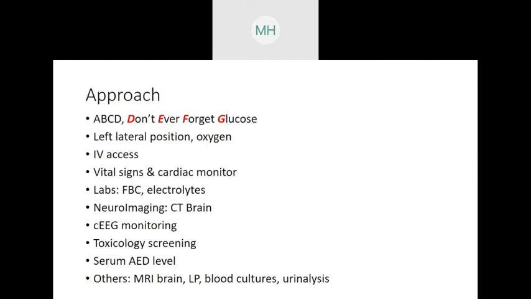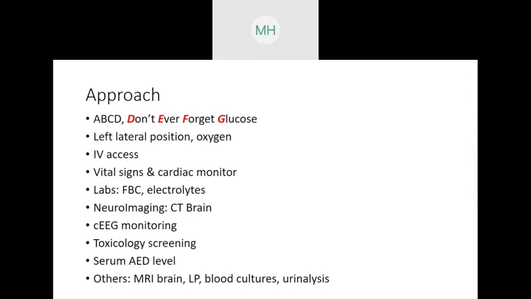And don't ever forget our glucose. It is embarrassing if we treat the patient but we do not check the glucose level. Sometimes the whole team forgets to do the glucose level.